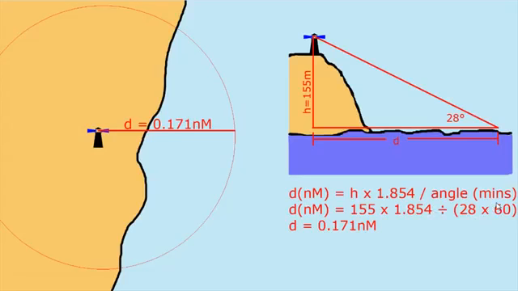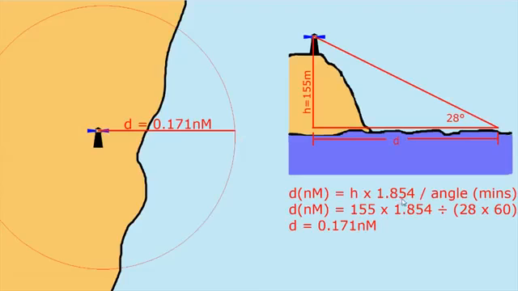So 60 minutes in a degree times 28 gives you that number there. So you throw all that into your calculator and you get an answer of approximately 0.171 nautical miles. So again, you can draw that 0.171 nautical miles on your chart from the lighthouse center. So that's a position line that you will find yourself on.